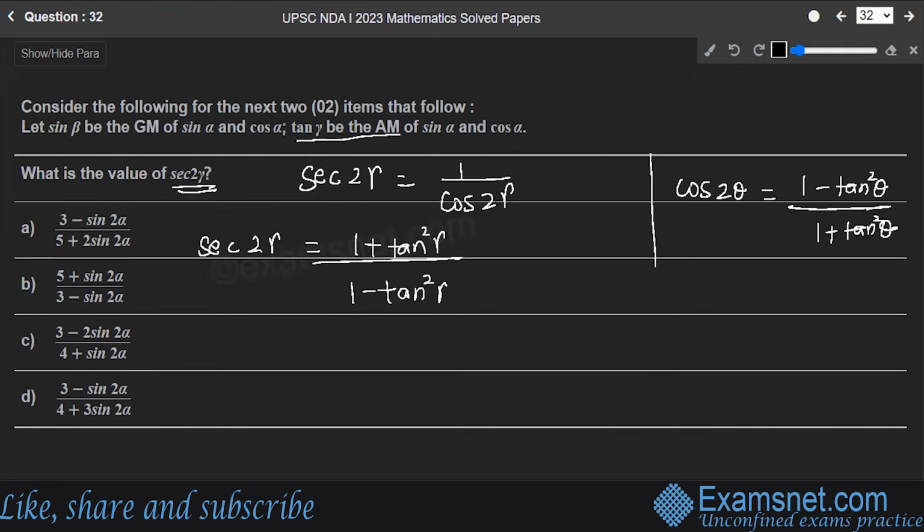Now let's take the help of this statement. It says tan gamma is the AM of sine alpha and cos alpha, which makes tangent of gamma equal to (sine alpha plus cos alpha) by 2. Let's do the squaring on both the sides.